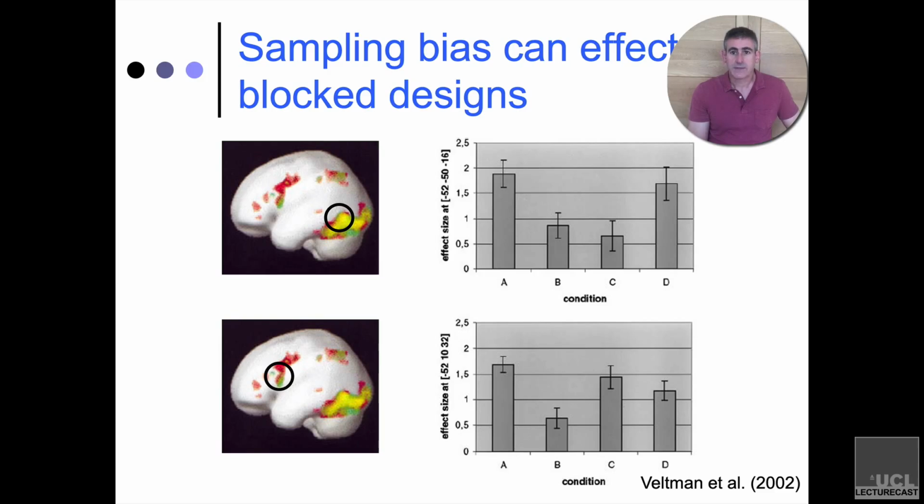Now, that sounds like the kind of thing that should make a big difference for event-related designs where you have events happening, say, every 3 seconds or every 6 seconds. But in fact, it makes a big difference even in a block design. This is an experiment that Dick Veltman did about 20 years ago at this point. What's really interesting is that participants were doing a single task, and the only difference between condition A, B, C, and D is the timing that those stimuli are happening with respect to the acquisition.